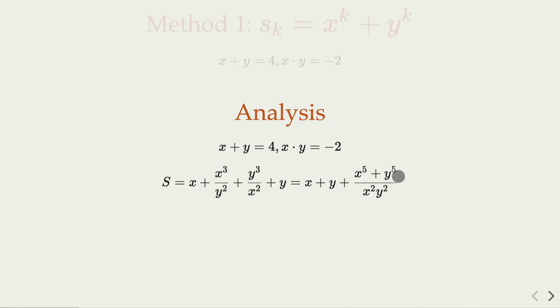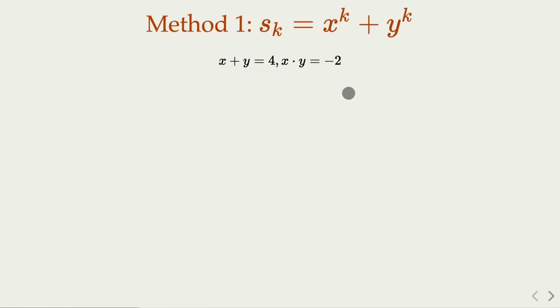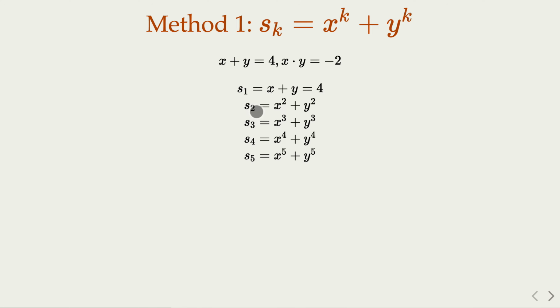All right. In the first method, we're dealing with sum of powers. S_k, when k equals 1, that's x plus y, that's given, right? So what about k equal to 2, 3, 4, and 5? Sometimes we need to solve this. In our case, we have to solve x to the fifth.